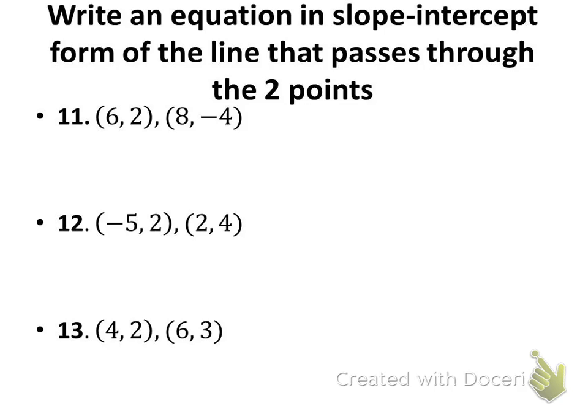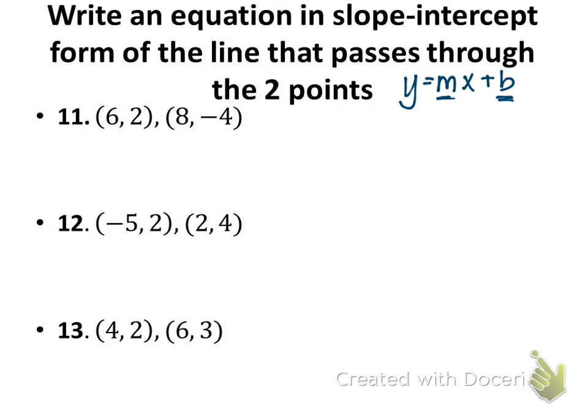Y equals mx plus b. What are the two things I have to know to write an equation in slope-intercept form? M and b. Well, let's look here, because this is the third step in our three-step process. The first one, when we did questions 5 and 6, said write it in slope-intercept form. They gave you m, they gave you b.